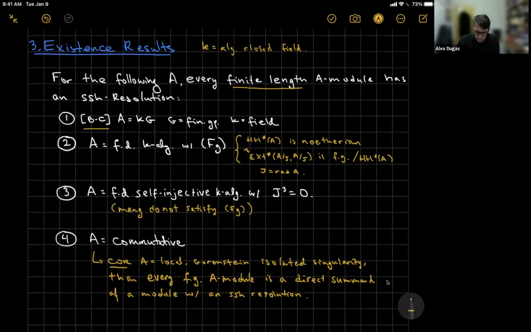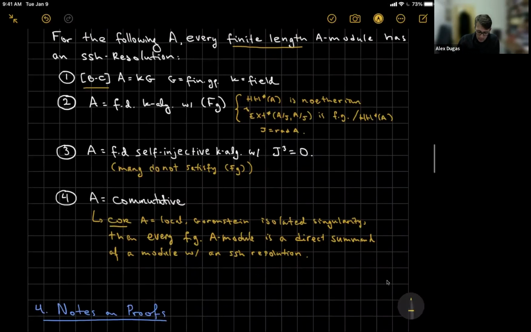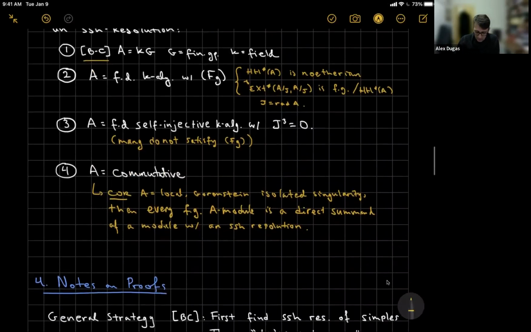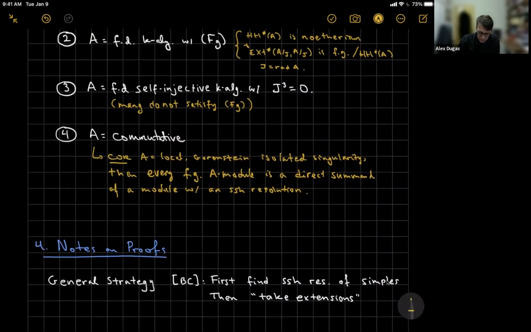Okay, so now I'll say some things about the proofs of these results. First off, the general strategy is pretty much the same for all cases, and this was basically the strategy that Benson and Carlson used.